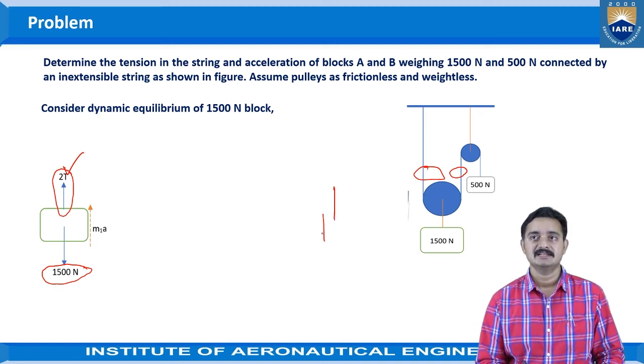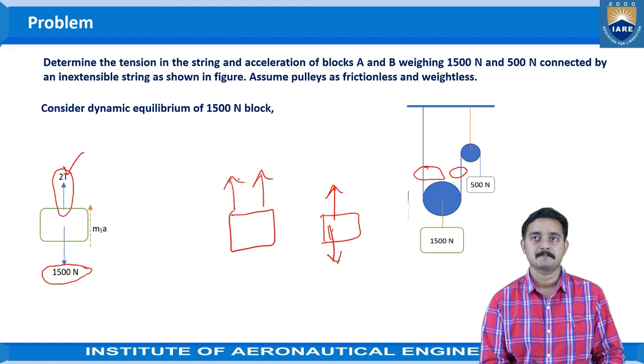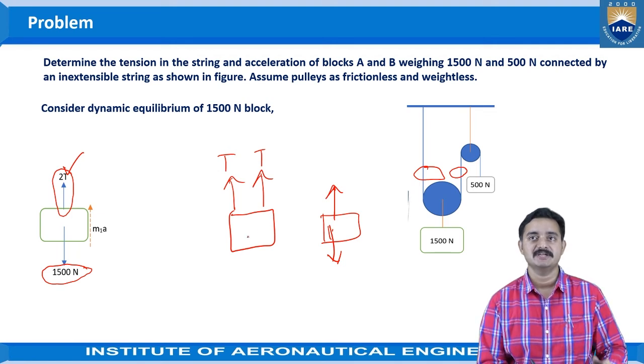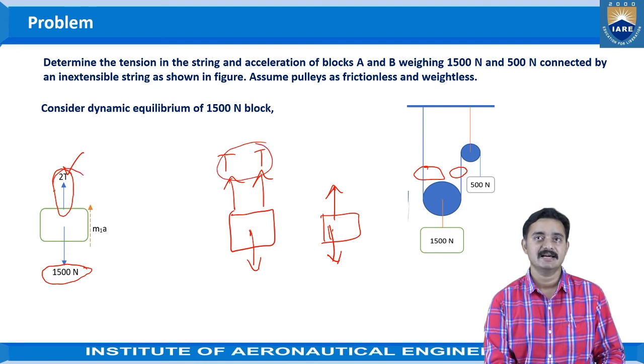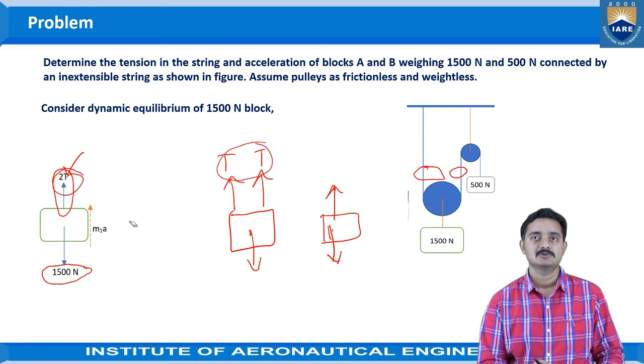So when we consider the object of 1500 newtons and the string as a single entity, generally it will be treated as two strings. Tension T and tension T here acting away from the object and the weight of the object acting downwards. So both combined T, it will be considered as 2T. So the tension value here would be 2T.